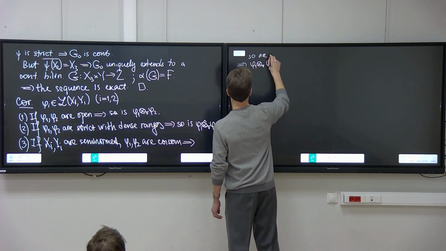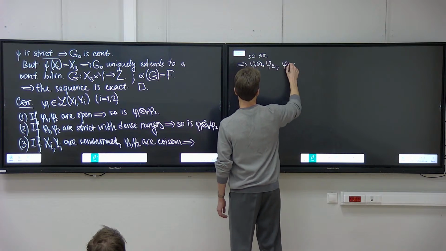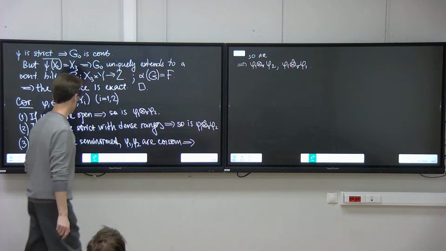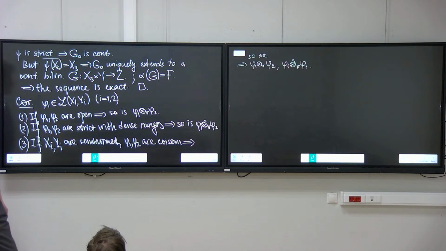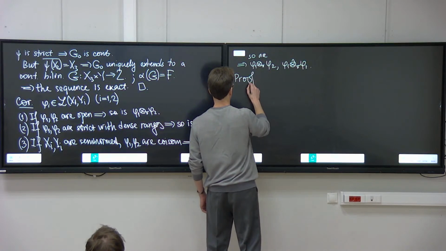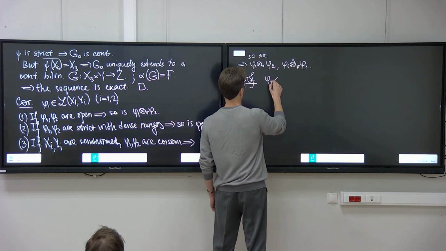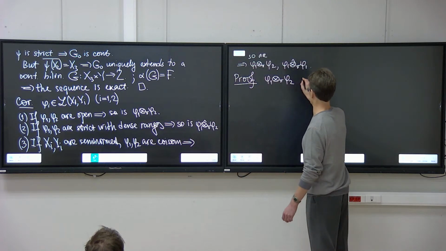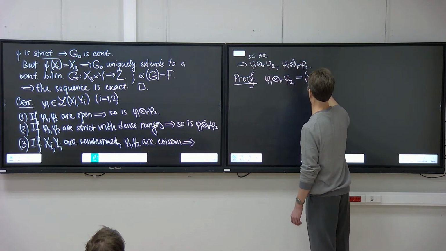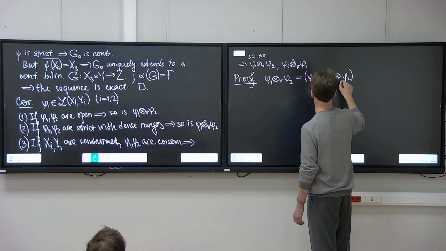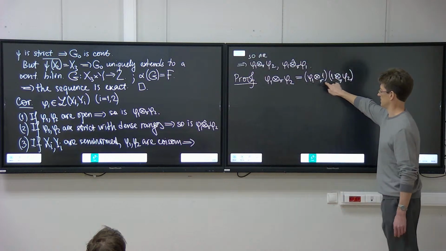So are this map and this map. To prove this result, we simply observe that our map can be decomposed as the following composition. So we simply apply our proposition to this map and to this map.